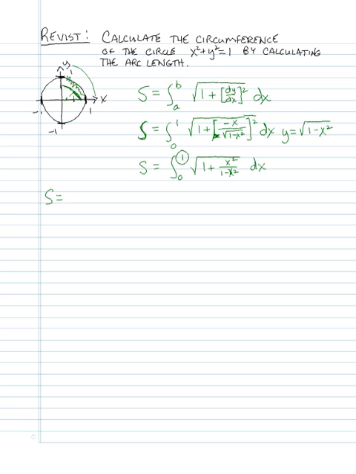So we have the integral from 0 to 1 of the square root of, excuse me, we need to write the 1 that's under the radical as 1 minus x squared over 1 minus x squared. And then we have plus x squared over 1 minus x squared under the radical. And of course that simplifies to just 1 over 1 minus x squared, doesn't it? Is that right? 1 over 1 minus x squared.